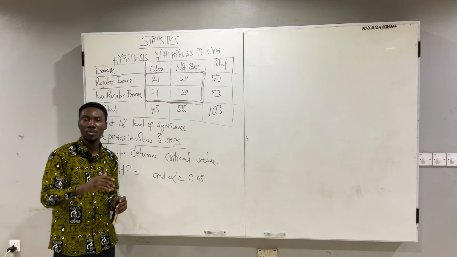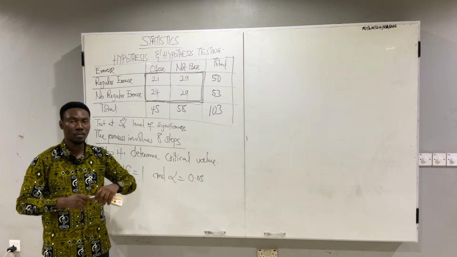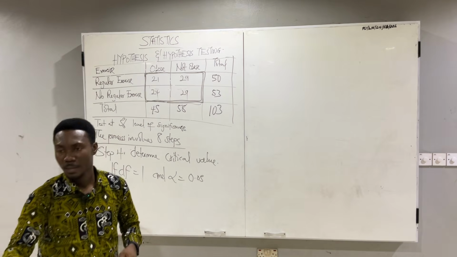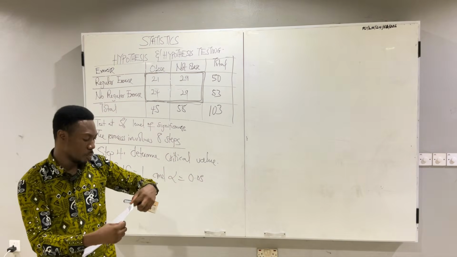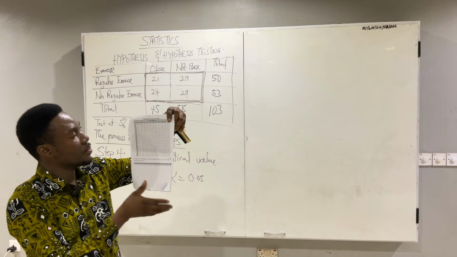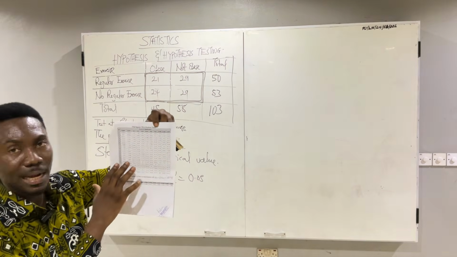Then you move straight to the chi-square distribution table. This is how the chi-square distribution table looks, a typical example.